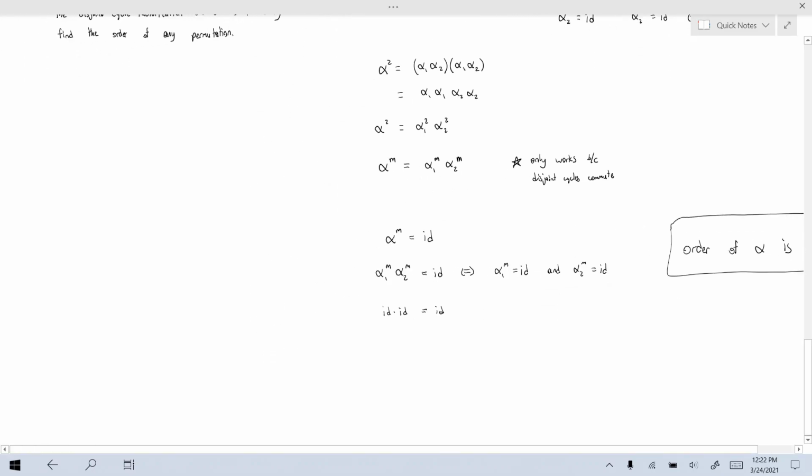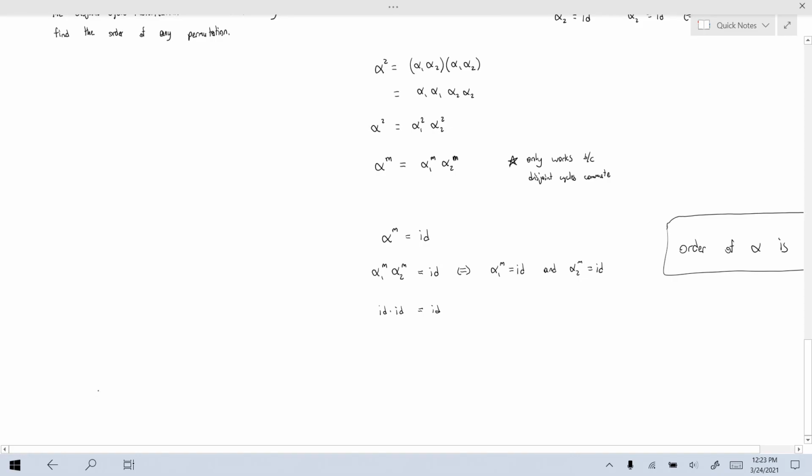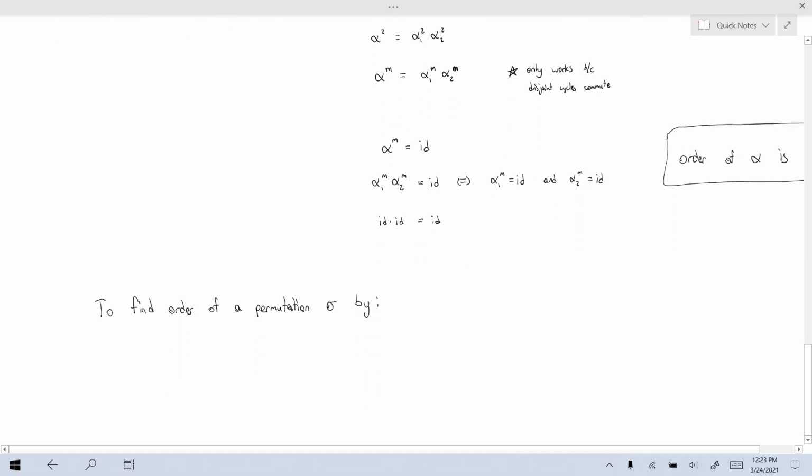So in general, you can find the order of a permutation sigma by doing two things. So first, you want to find the factorization into disjoint cycles.